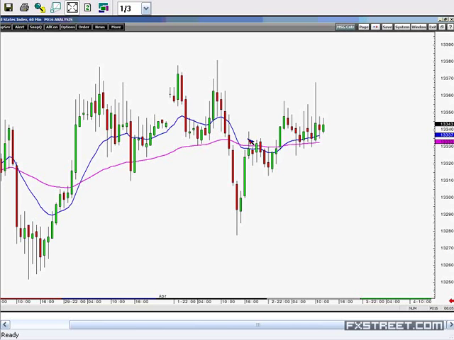gold, oil, then they're sound for every product that I can look at. So I don't have to do what they call curve fit. Curve fitting is basically using a simple moving average or an exponential moving average and making it fit to the fluctuations on a chart.